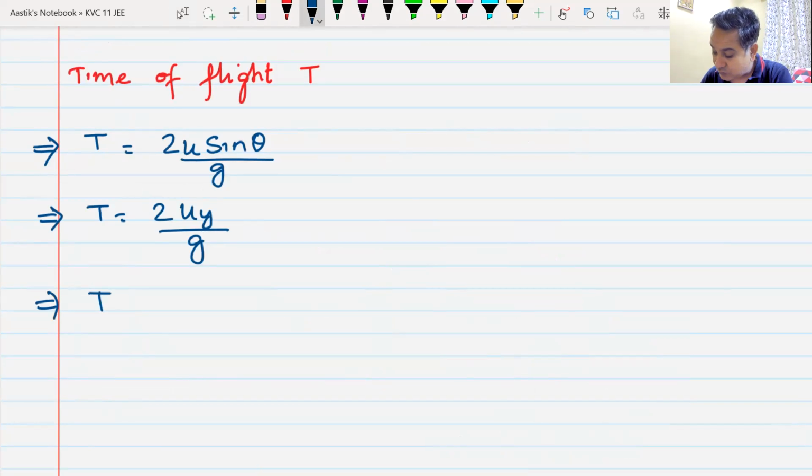Similarly, if someone asks you what is the time taken to go up or what is the time taken to come down, how much will be that?